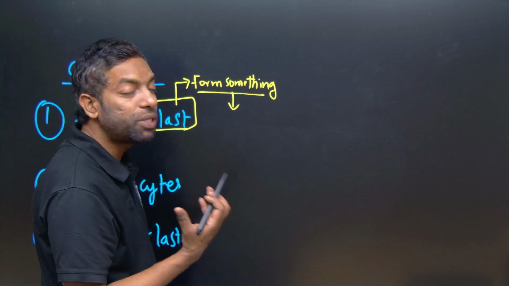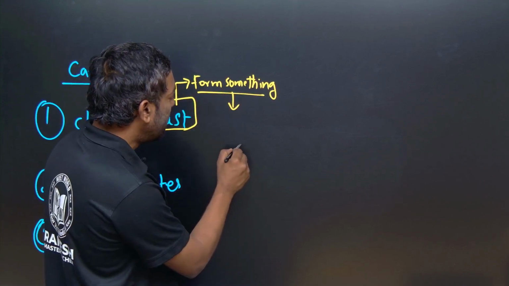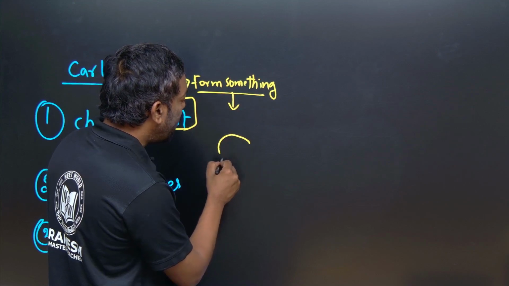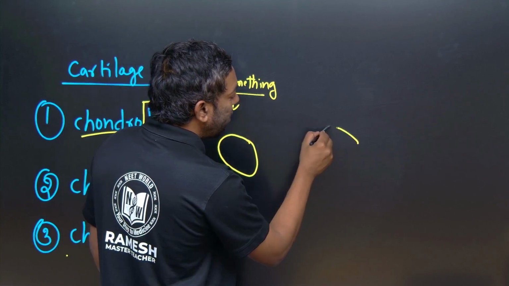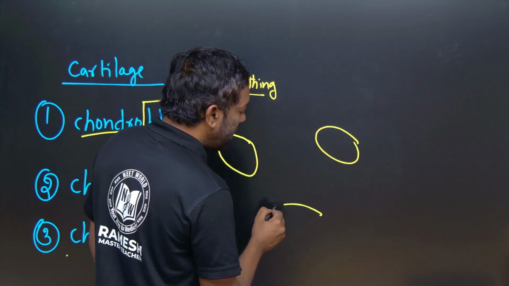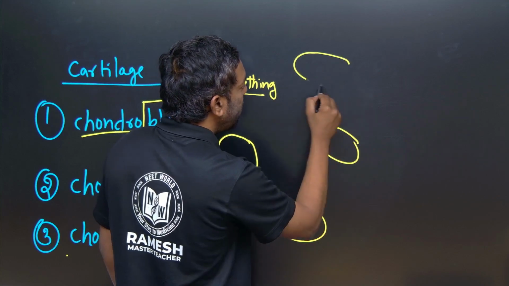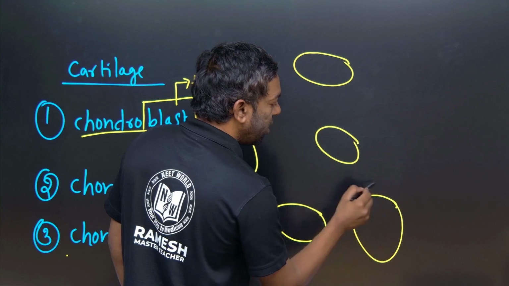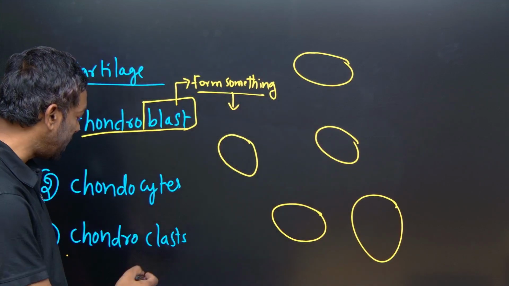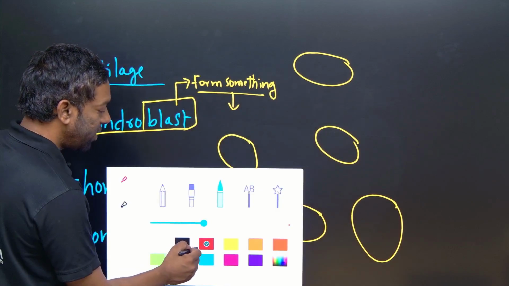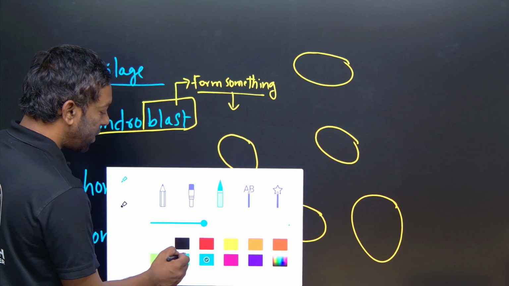There is a huge space; this is the lacuna. This is one, and this is one. Lacuna is the space providing space for the cells.